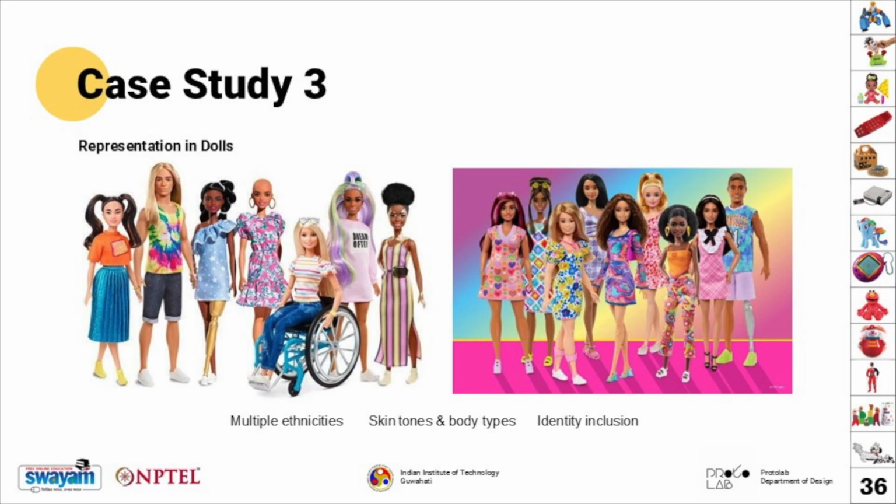Now the toy reflects society rather than prescribing it. Representation enables emotional participation. A child who sees themselves in play imagines themselves in possibilities. Universal design therefore includes psychological accessibility, not only physical usability.